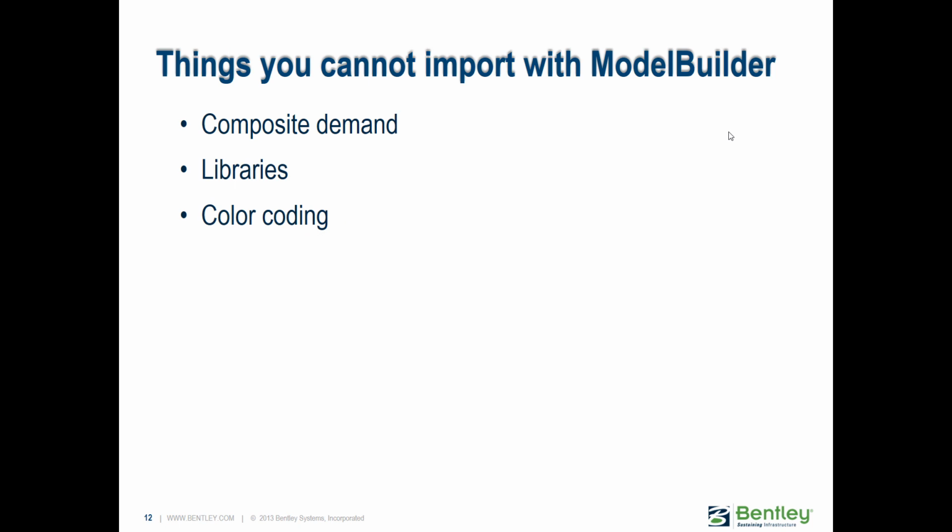So what are some things you really can't import with ModelBuilder? Things like composite demands. It's not impossible, but it's certainly more challenging. And by composite demand, I mean for a given junction, that junction may have multiple demands on it, and not just one single demand, like perhaps a residential demand and then a commercial demand is also represented in the same junction. It's a lot more challenging to import that because the demand information for a junction is inside what we call a collection.